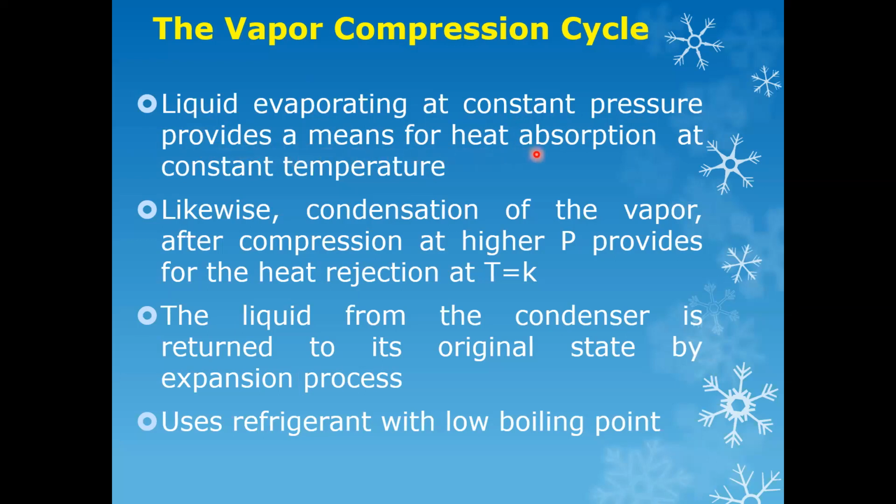And it provides a means for heat absorption at constant temperature inside the saturated curve. But since we want to move away from the saturated curve, the process still happens at a constant pressure. Likewise, condensation of the vapor.